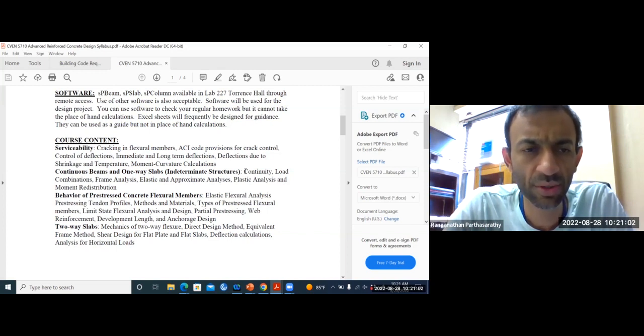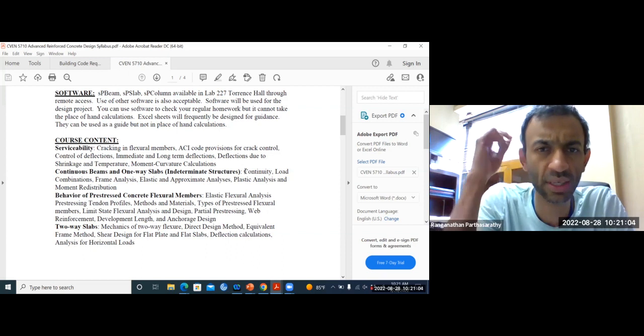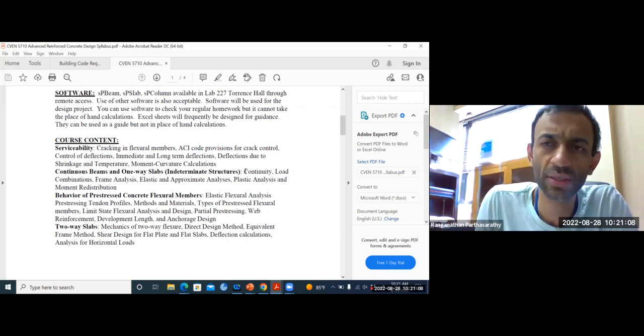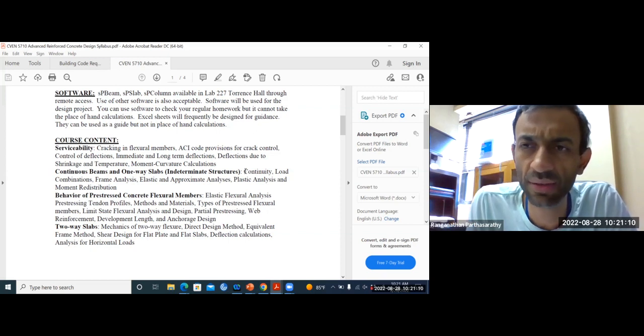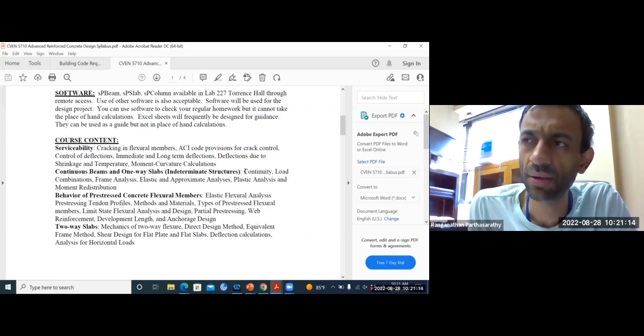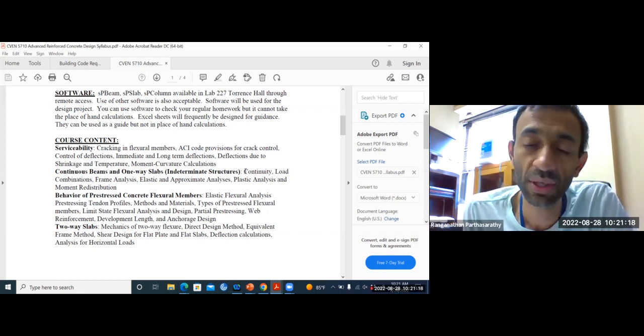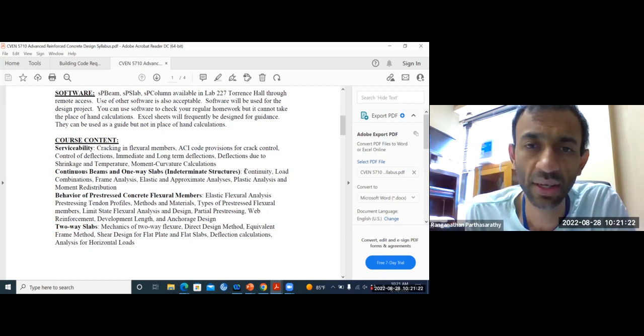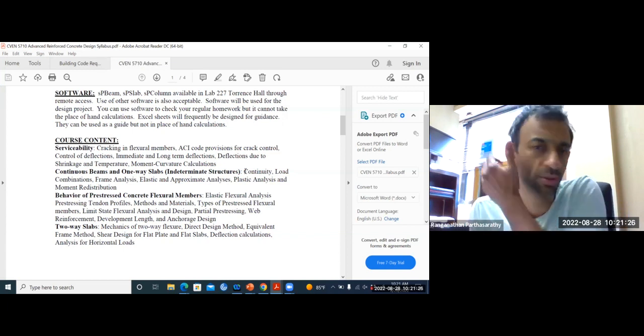Next, we will go to continuous beams and one-way slabs, that is, indeterminate systems. Those of you who took advanced steel design already know how to do plastic analysis, and that way you get the full capacity of the structure and you can design a more economical member.